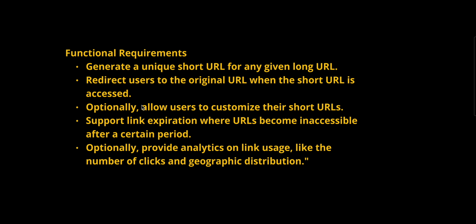Also, we need to support link expiration, where URLs become inaccessible after a certain period. And lastly, optionally, we need to provide analytics on link usage, like the number of clicks and geographic distribution. I guess this is enough. Let's not add anything else because we don't want to make the video unnecessarily long.